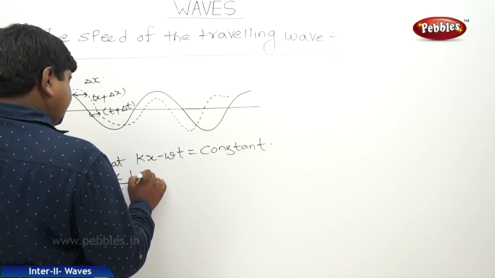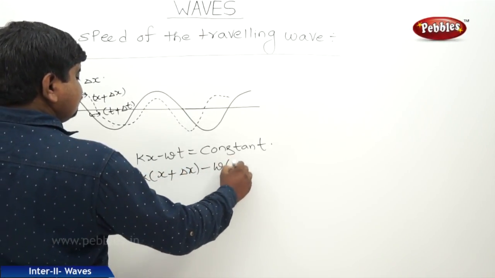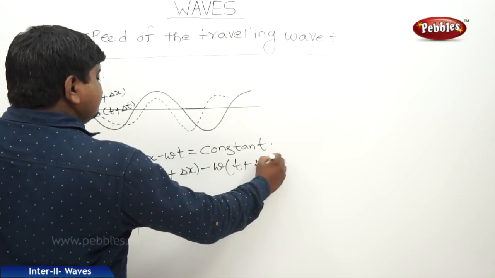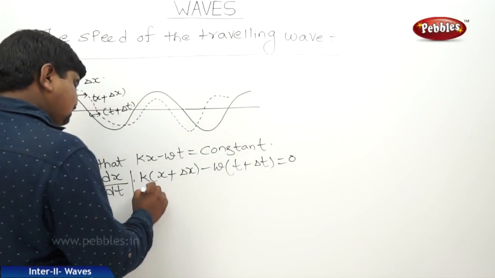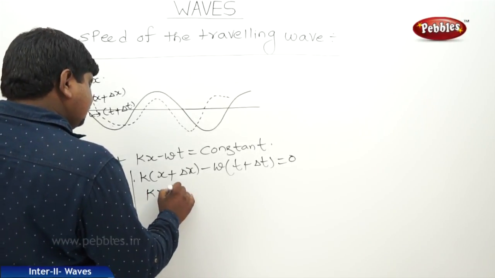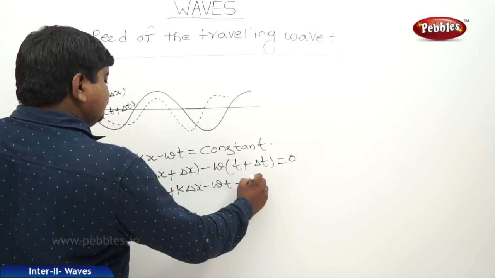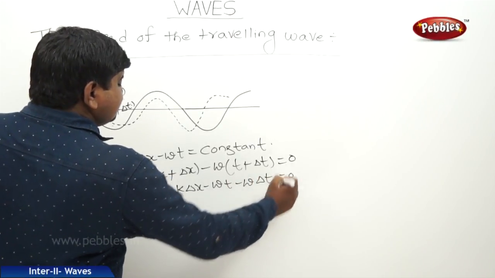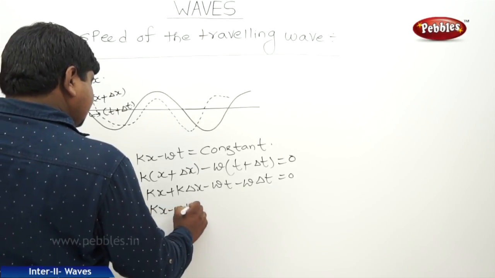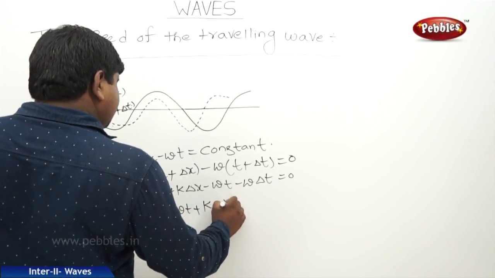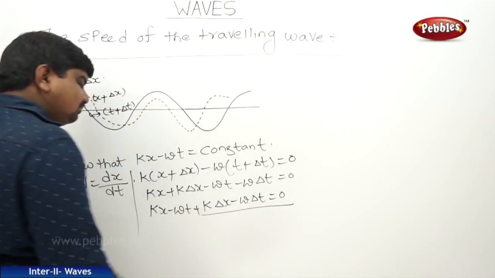So k into x plus delta x minus omega into t plus delta t is equal to 0. Therefore, kx plus k delta x minus omega t minus omega delta t is equal to 0. Therefore, kx minus omega t plus k into delta x minus omega into delta t is equal to 0.